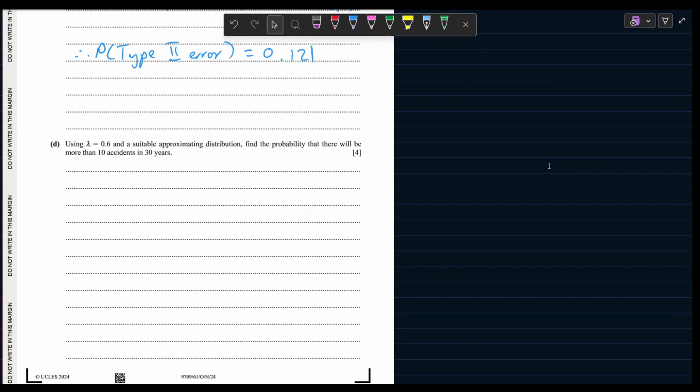Part D says, using lambda is equal to 0.6 and a suitable approximating distribution, find the probability that there will be more than 10 accidents in 30 years. All right, so let's create a new random variable, and we can call our random variable y. Let y be the number of accidents in a 30-year period.